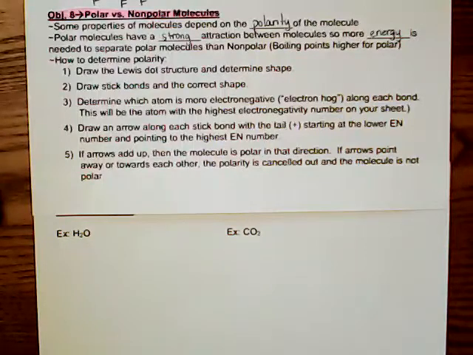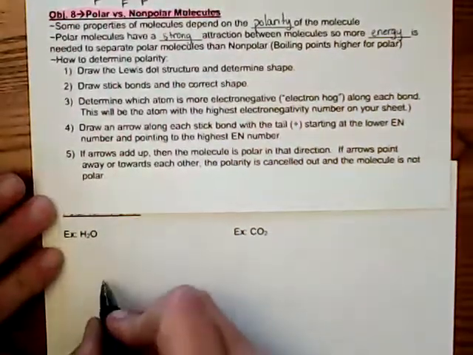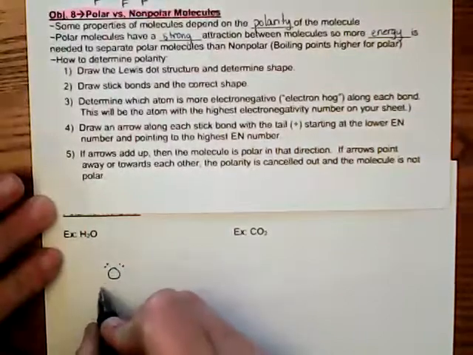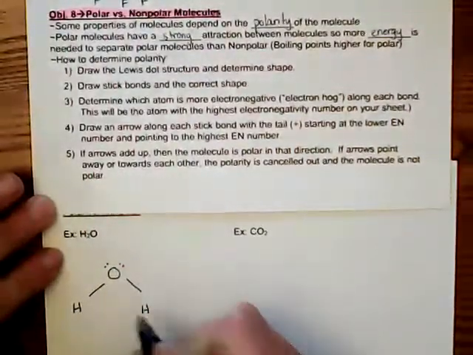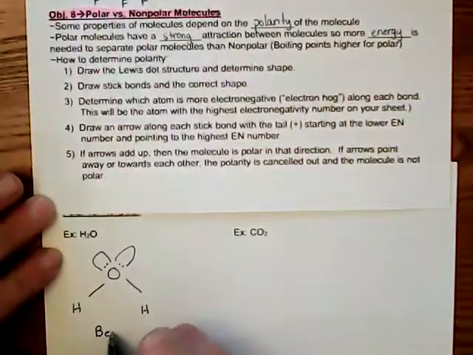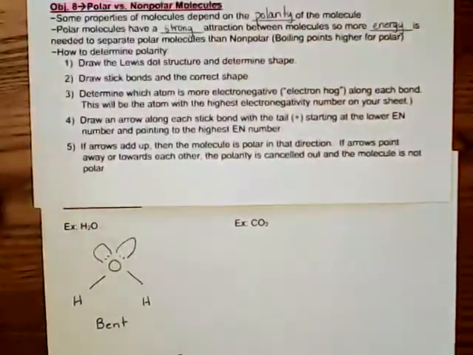So I'm going to do a couple examples. The first one is H2O. If you draw H2O, you're going to start with oxygen, and it's 6 valence electrons. And it's bent shape. Now, at first look, you say, well, this might be symmetrical.